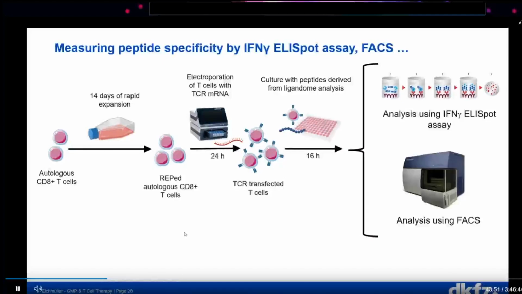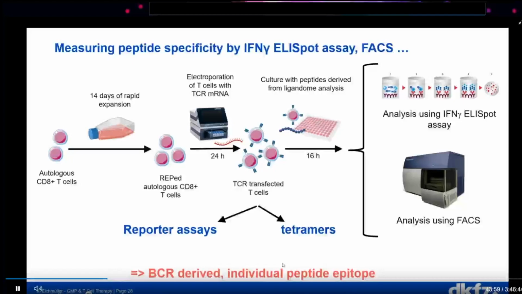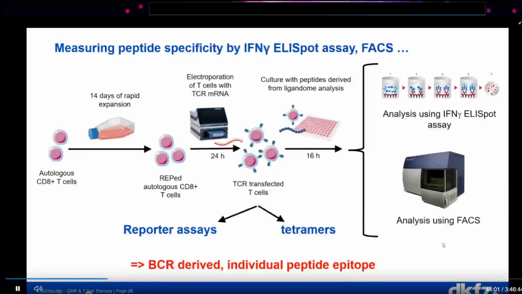We used a number of different assays, for example, interferon gamma ELISpot or FACS or reporter assays or tetramers. In the end, we were lucky enough to find at least one BCR-derived individual peptide epitope which was recognized by one of these TCRs, and therefore, in this case, we also know the target.